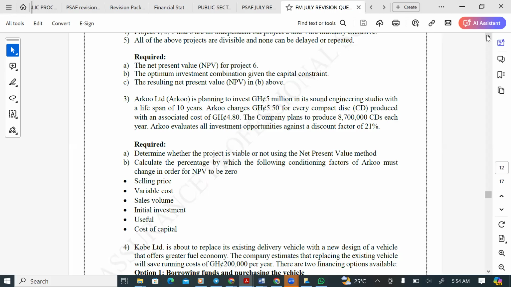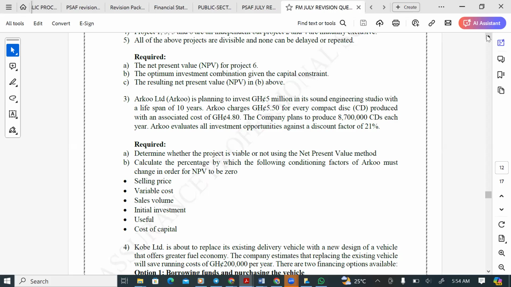Arco Limited is planning to invest 5 million in a sound engineering studio with a lifespan of 10 years. Arco charges 5.5 cedis for every compact disc. Plans to produce 8,700,000 each year. Arco evaluates all investment opportunities against a discount factor of 21%.